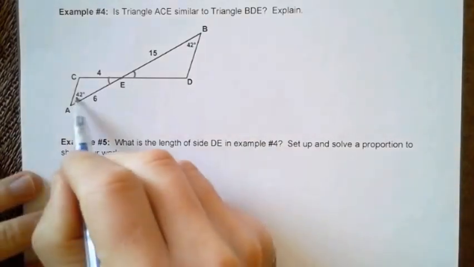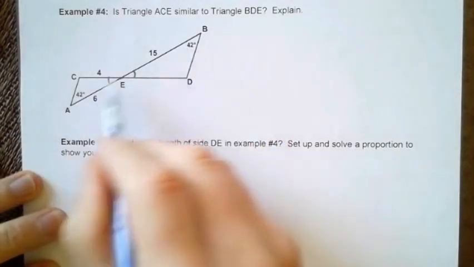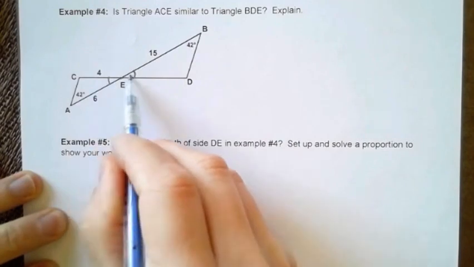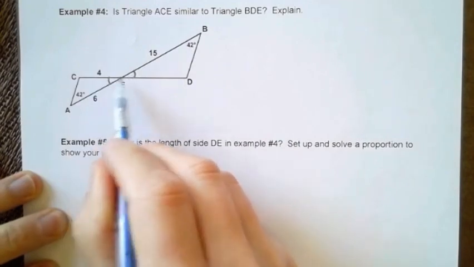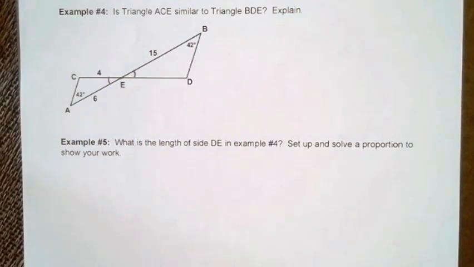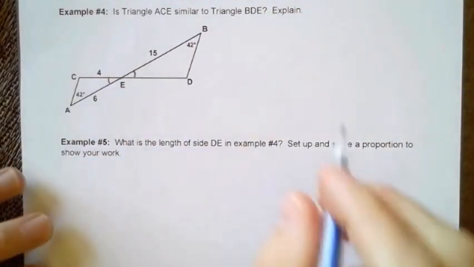Again, they have these two congruent 42-degree angles, and they have these two congruent unknown angles. But since the two triangles have two sets of congruent angles, the two triangles have to be similar to each other.